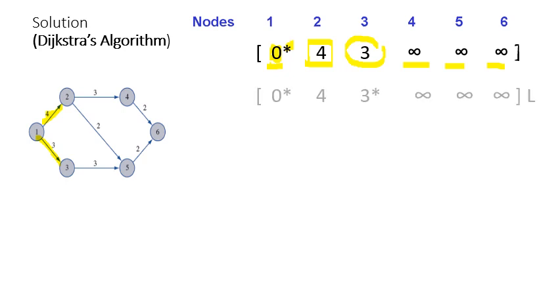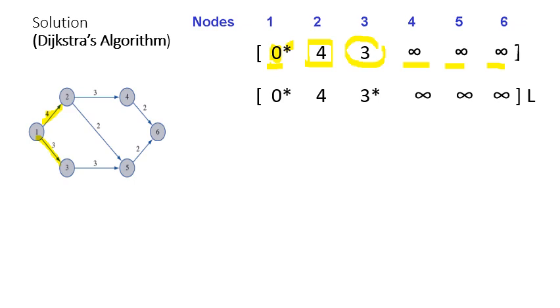And then the next thing we're going to do, I call this step the labeling step. So here among the temporary labels that do not have an asterisk or a star, pick the one that is the smallest.